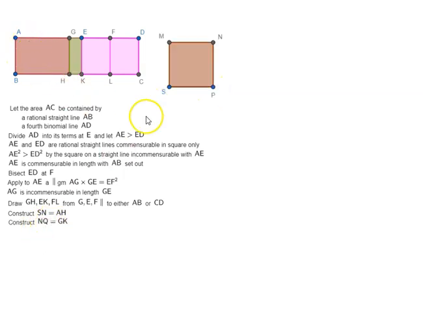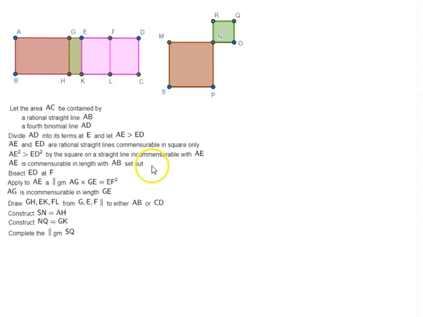Now construct NQ equal to the area of GK. So we have to draw another square NQ whose area is equal to GK, and we will draw it at this point. Let's name this as RQ. So NQ is equal to GK.